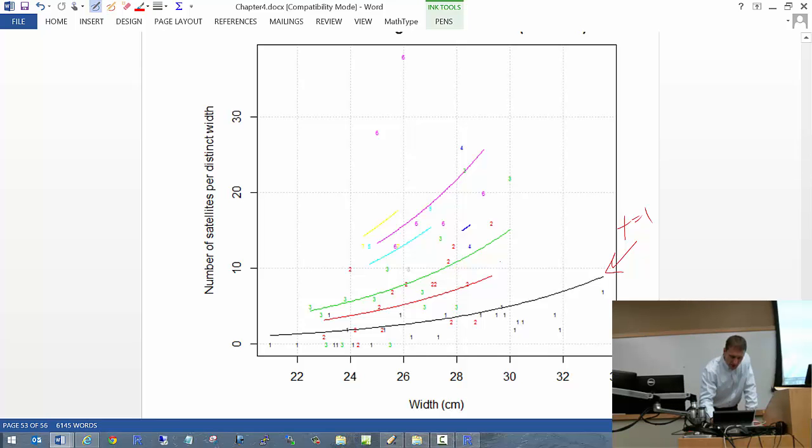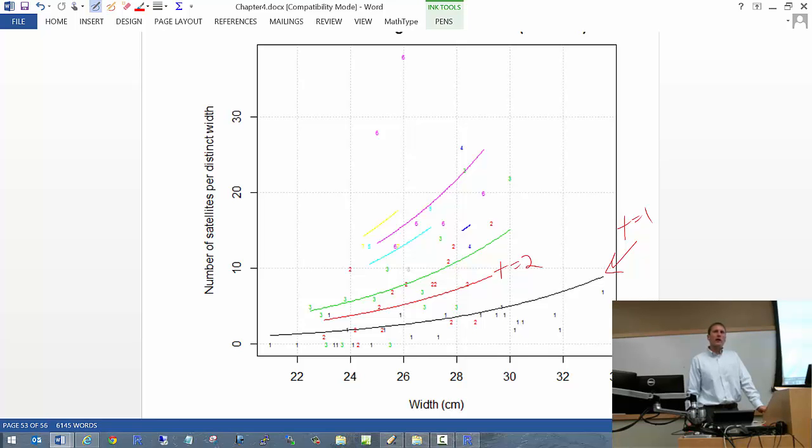Then when t is equal to 2, this red line is trying to kind of go through the middle of those points that are labeled with 2's. And so anyway, you can look at the other colors. Green corresponds to 3, light blue is 5, dark blue is 4, and so on. So we are modeling all the weights separately. I wouldn't say separately.